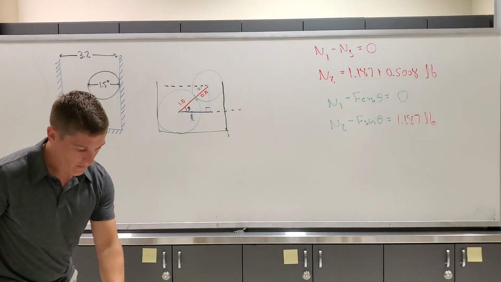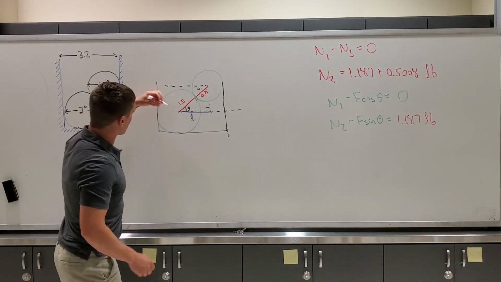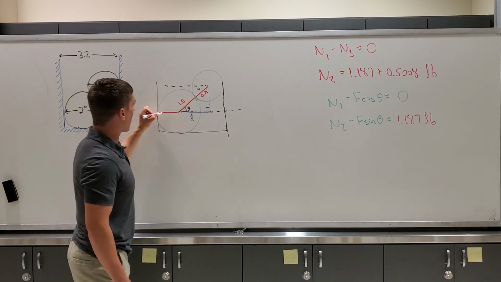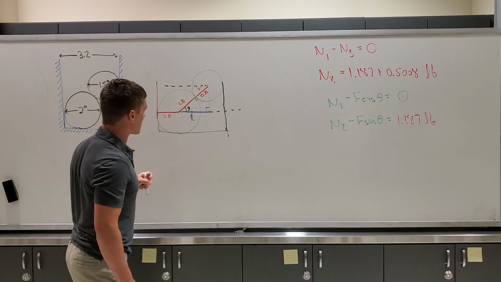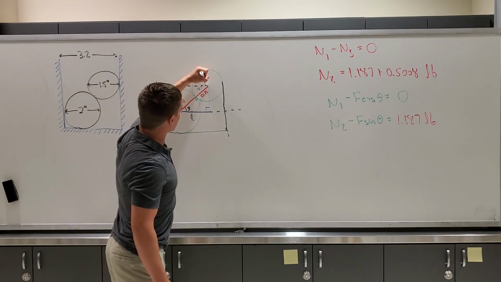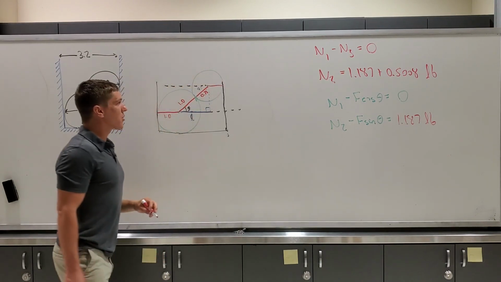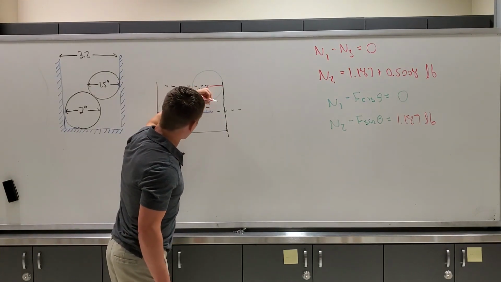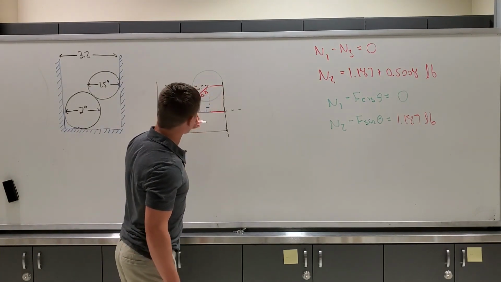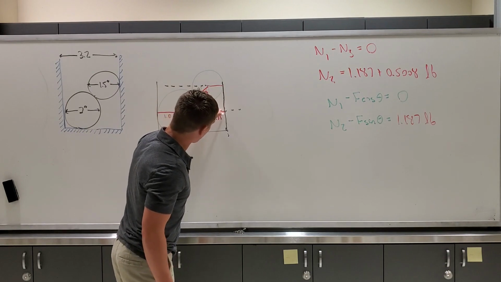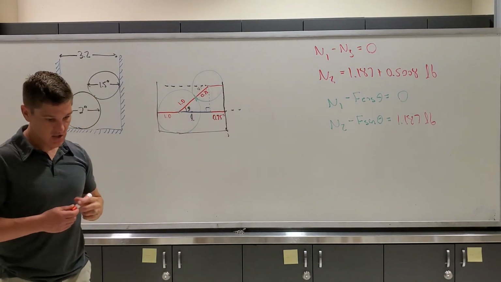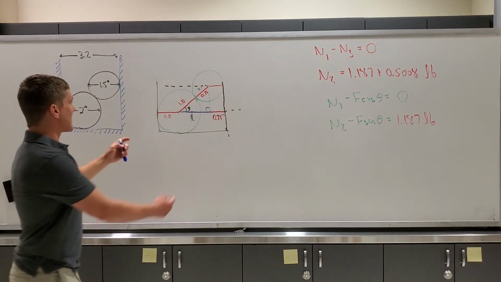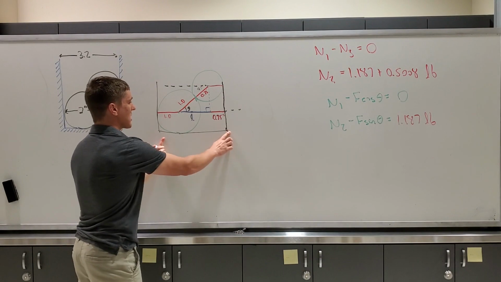Well, I know what this distance is. This distance right here is just the radius of my 2-inch ball bearing, so I have another 1.0 inch here. And I know what this distance is here. That's also the radius of my 1.5-inch steel ball bearing, so this distance is 0.75 inches. So I know that this entire width is 3.2.